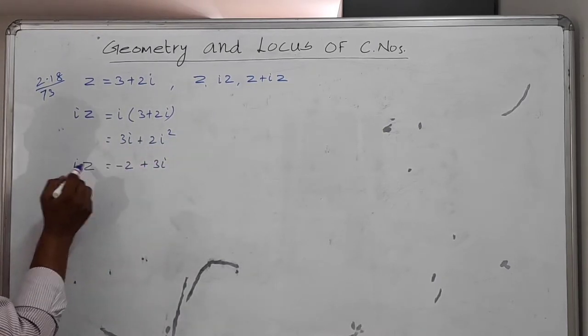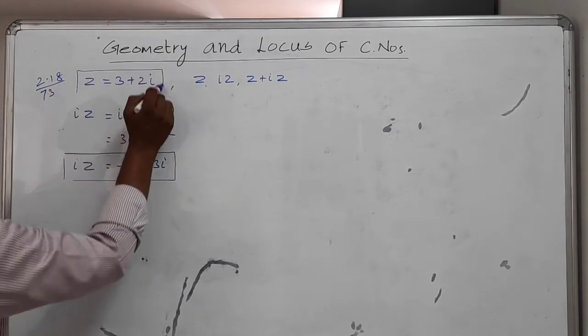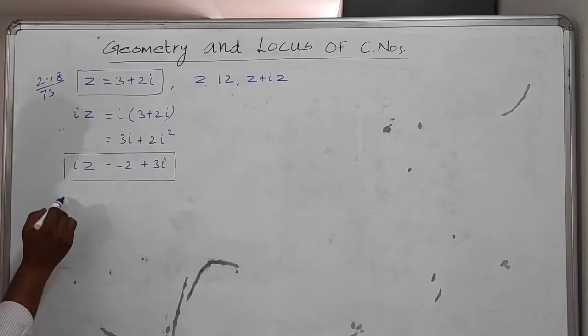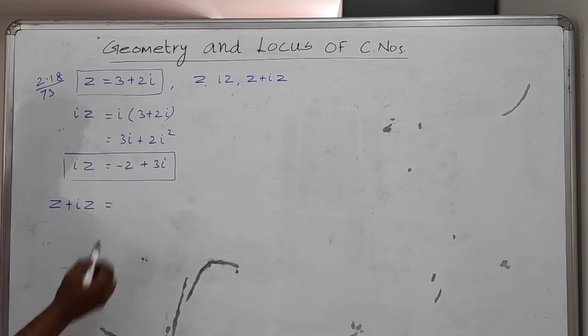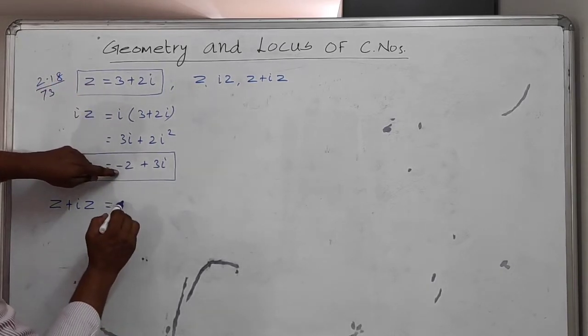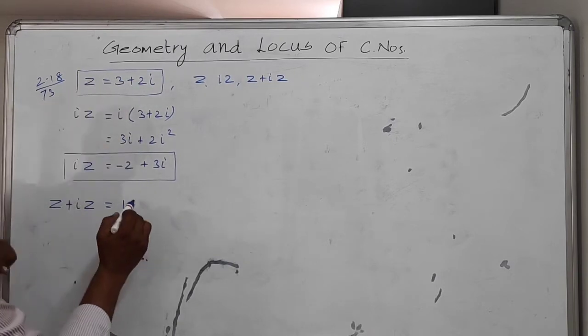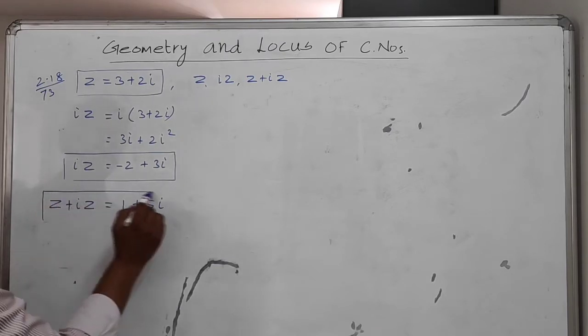This is the value of iz. Now we need to find z plus iz. We add z and iz: 3 minus 2 gives 1, and 2i plus 3i gives 5i. This is z plus iz.